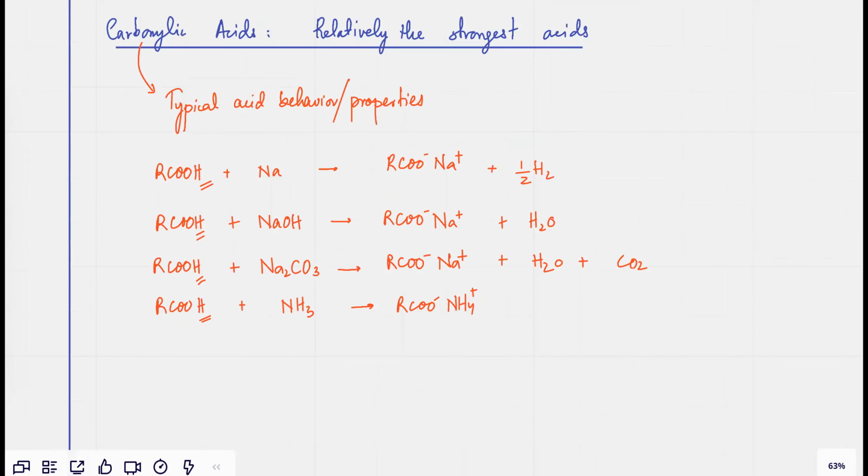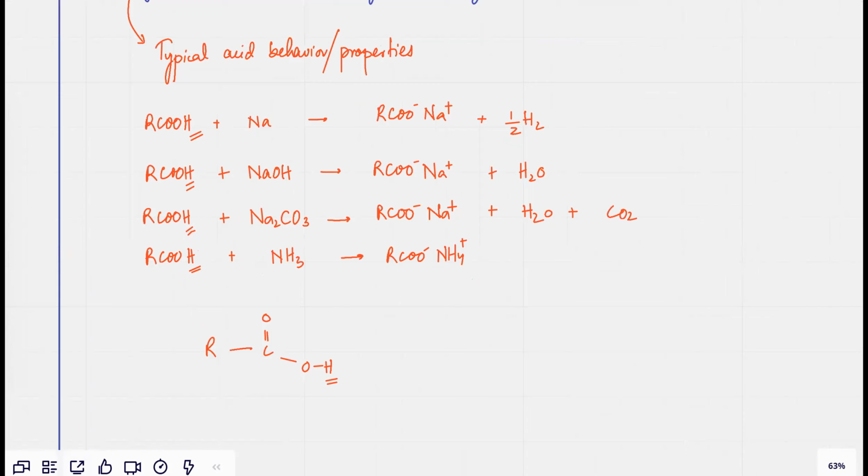How does it ionize? A carboxylic acid has RC double bond O and OH. Now it's this H which is highly polar, because all the other H's are not polar. This has a very strong partial positive charge. The reason these OH groups ionize is that this H has a partial positive charge because it's attached to a highly electronegative oxygen.